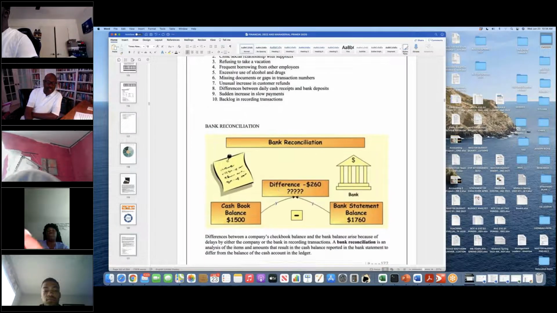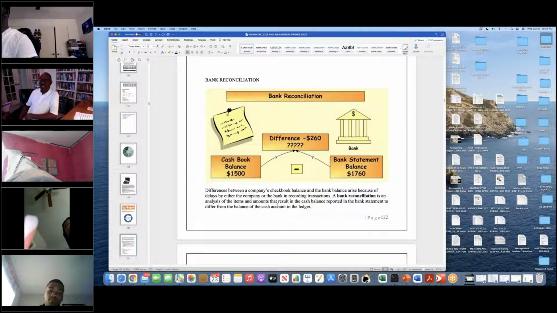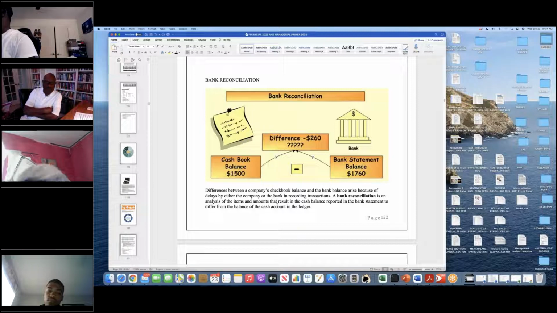Okay. Bank reconciliation. Let's see if we can do a bank reconciliation today. Sometimes there's going to be a difference between what the bank statement says is your company's balance and what your cash book says, your T account for cash. And so a reconciliation has to be done.